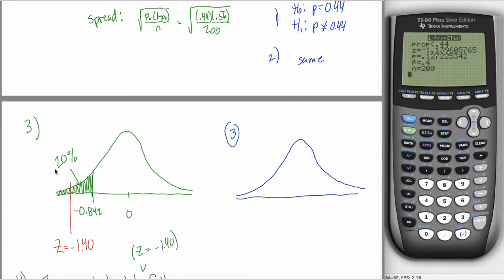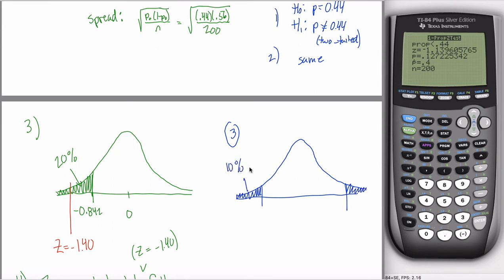My alpha, the area of my rejection region, is still 20%. But now that it's a two-tailed test, maybe I should have written that up here. That 20% has to show up on the right side and on the left side. Well, if the 20% is dispersed in these two different groups, that means there's 10% on the left and 10% on the right.